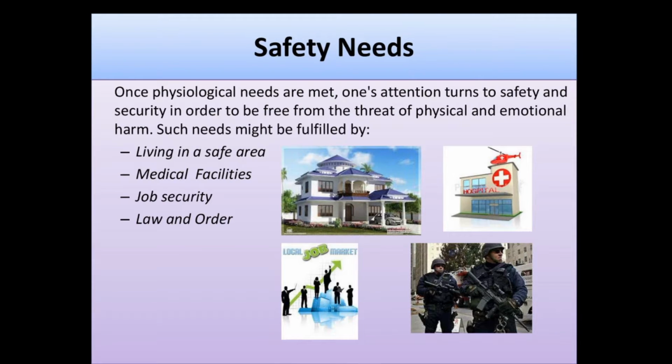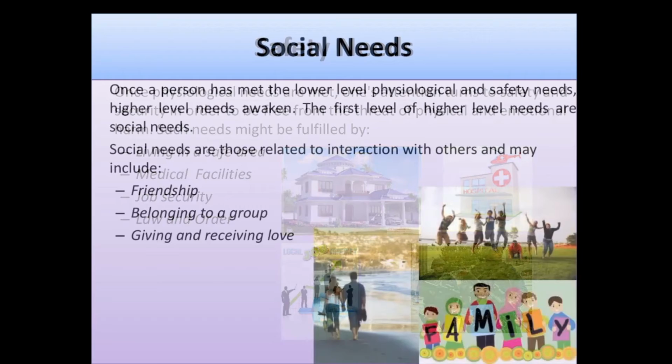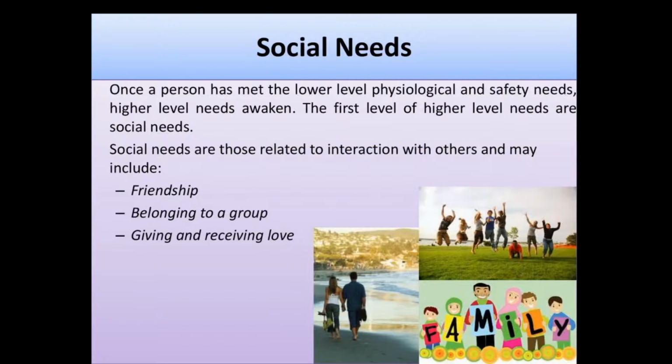So please understand, students, directly nobody will be telling that I need only this. No, it is not like that. First physiological, safety, then come social needs. After fulfilling the safety needs in life, you will be thinking of the next level: you should have very good friendship, a very good group near your houses, then family members, then giving and receiving love.